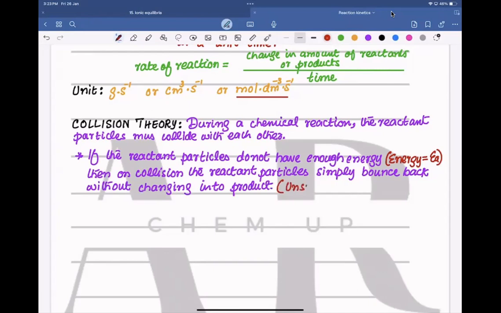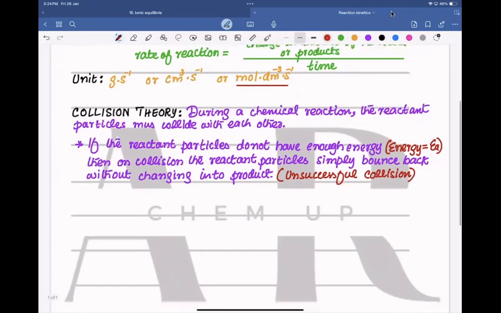We call this kind of a collision unsuccessful collision. Is this clear to both of you, Kubra and Amna?